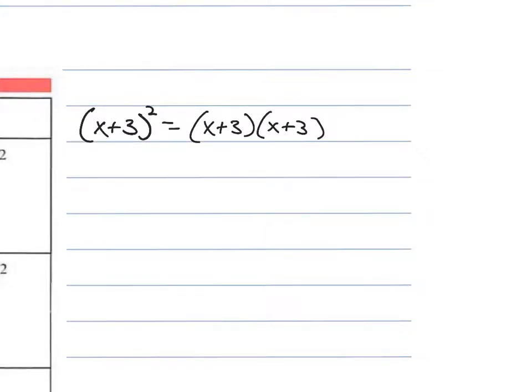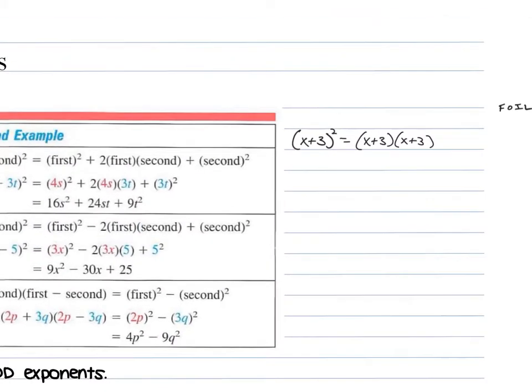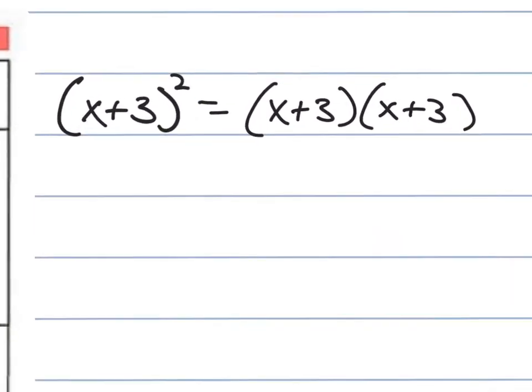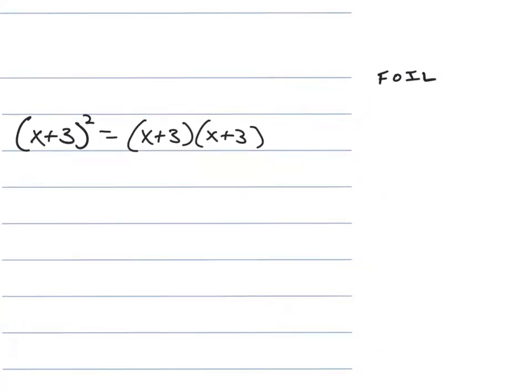So if you were going to expand this, you would have to do foiling. You would have to FOIL it out like first times first, outer times outer, inner times inner, and last times last. But when it is the exact same thing being squared, there's a little trick to it. You can always FOIL it out.